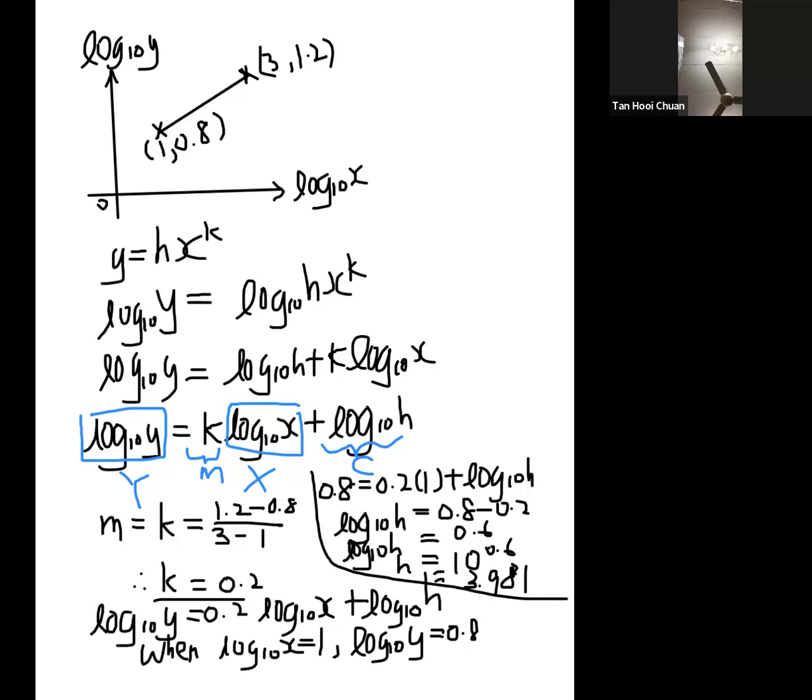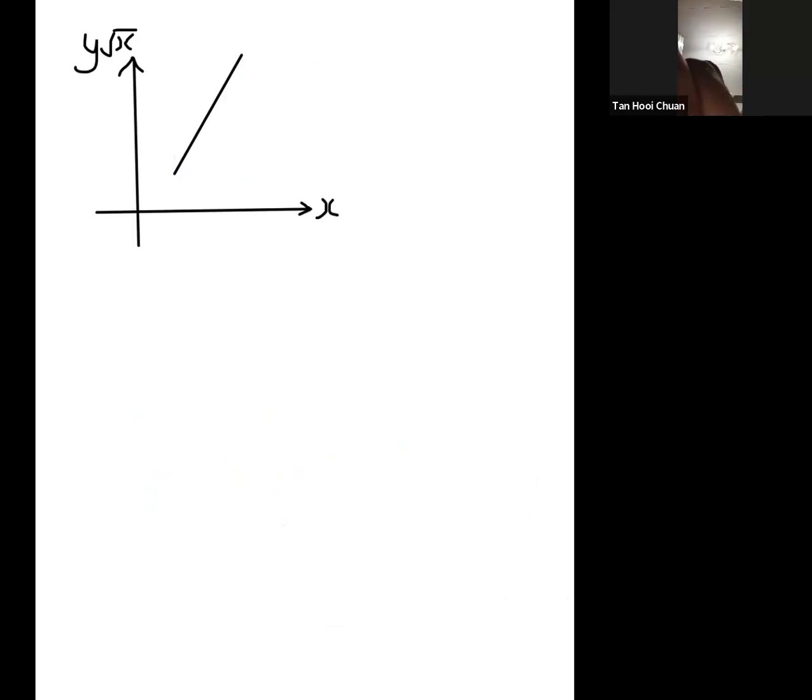I erase and show you another one. The next one is this: here one straight line, here another straight line. So y with x, here is x only. Here 3, 6.5. Here 1, 2.